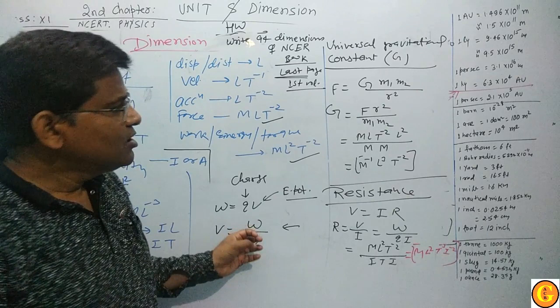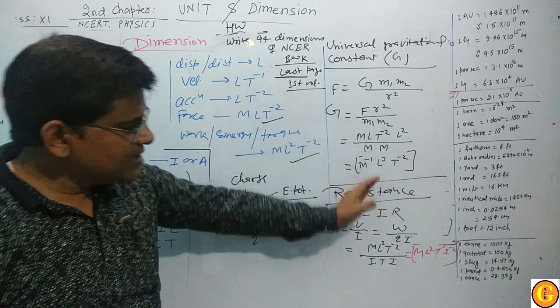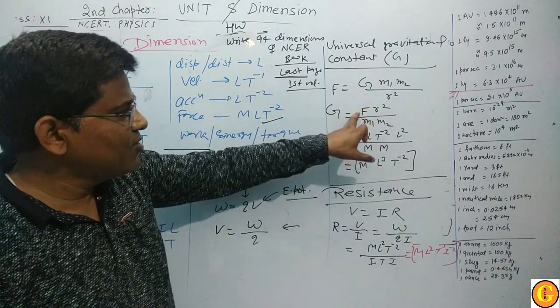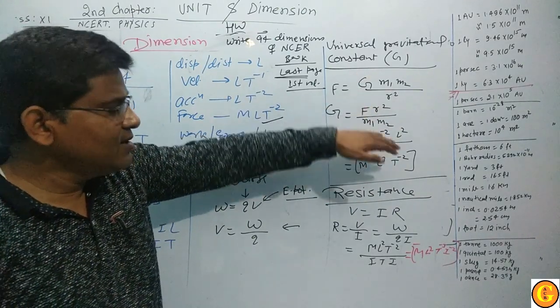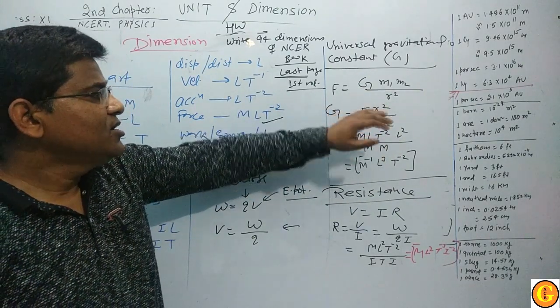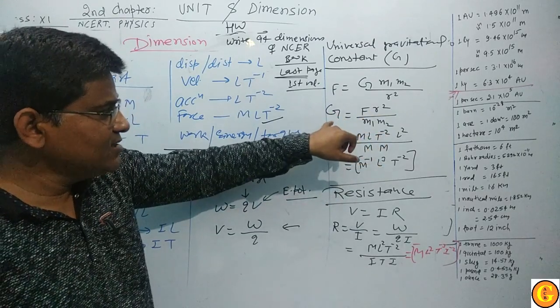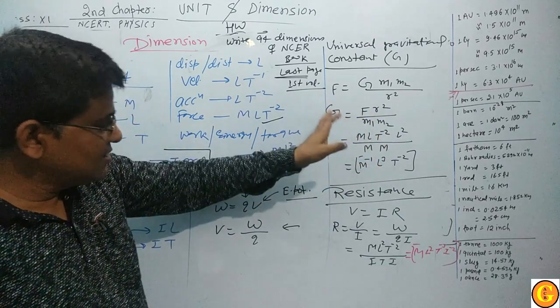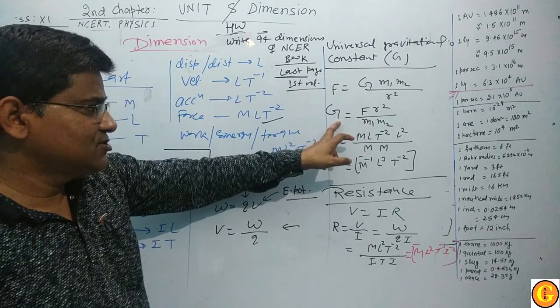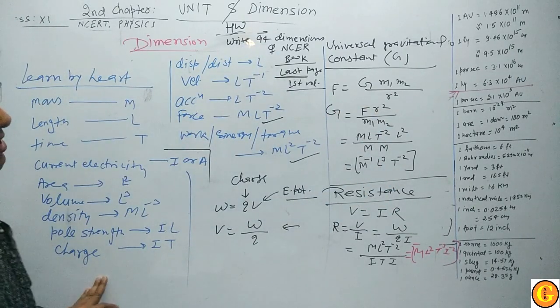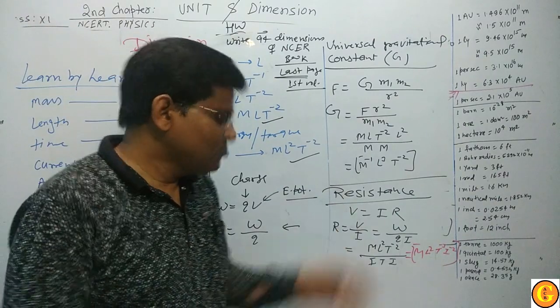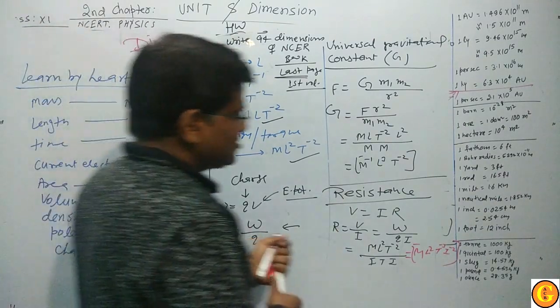If you do it like this: first of all you write the formula, and after writing the formula you write the unknown values on the left side, and by putting the dimensions of your given physical quantities, you can find the dimensions of the others.